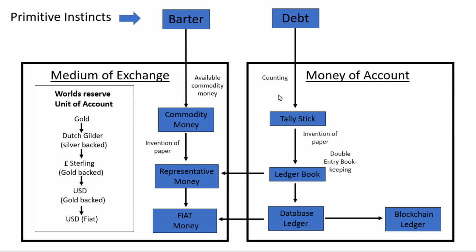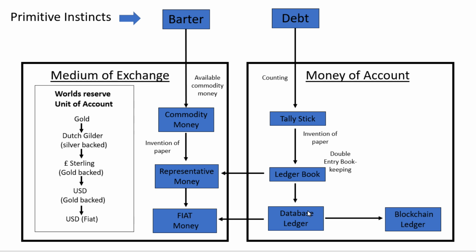But then this has become formalized in human society, initially by use of things called tally sticks, and then after the invention of paper, through double entry bookkeeping and ledger books, and then the whole banking system has been established, where as economies expand throughout the world, this debt-based economy is then recorded using ledger books.